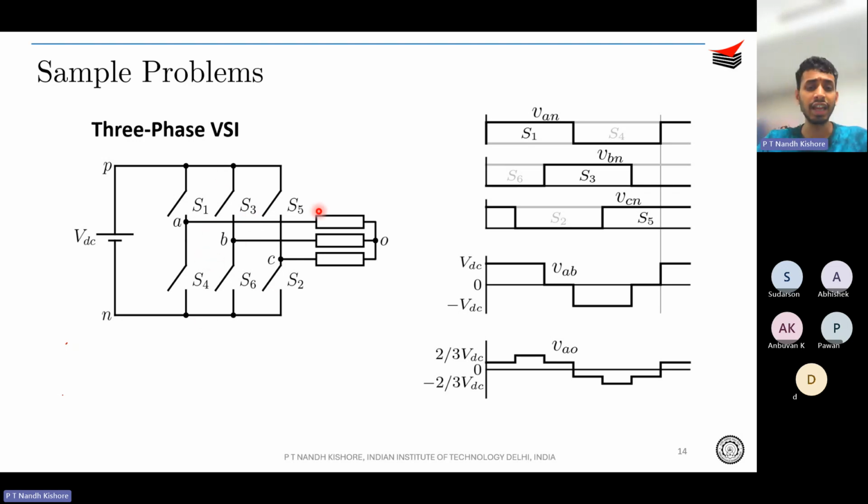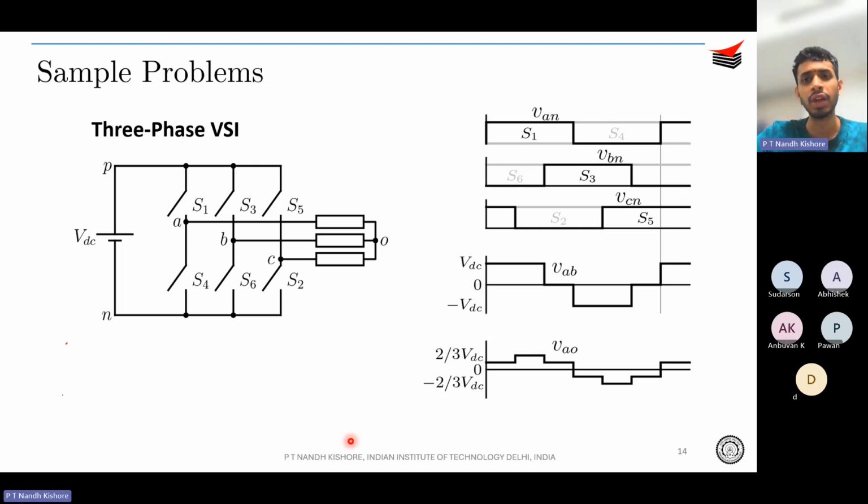At any point of time, two switches of the top leg and one switch on the bottom leg, or two switches of the bottom leg and one switch on the top leg will be conducting. That's the idea behind the switching.